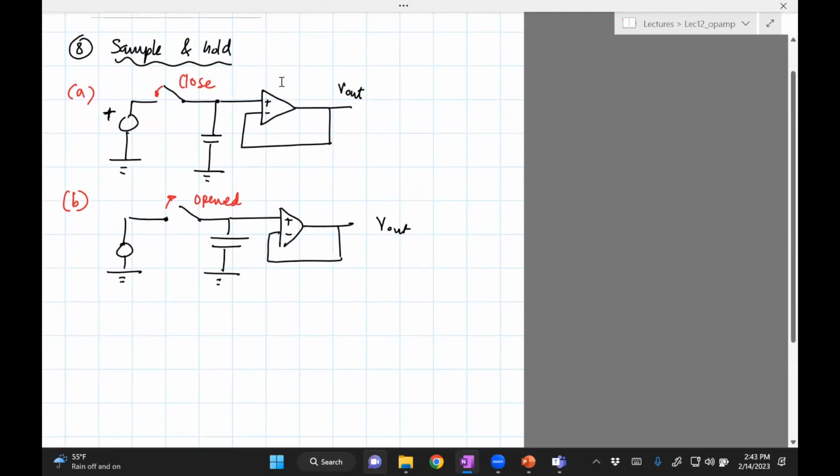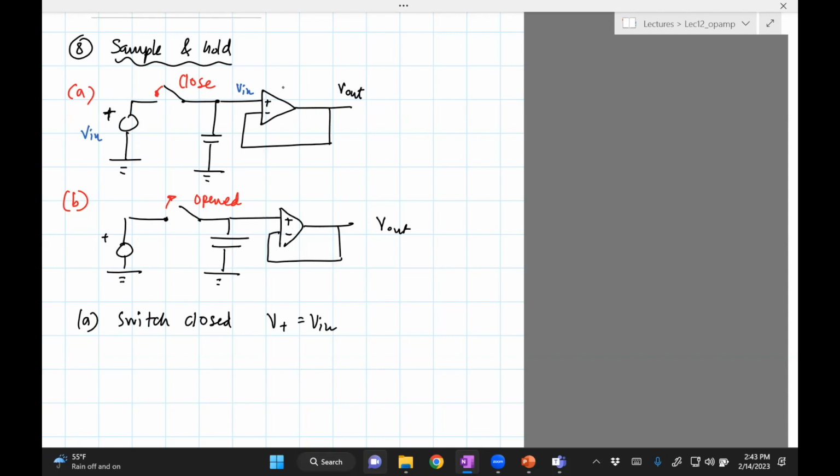So for A, when you close the switch, say this is V in, this V in would be here V in, right? So when the switch is closed, we see that V plus is V in, because the switch is closed.